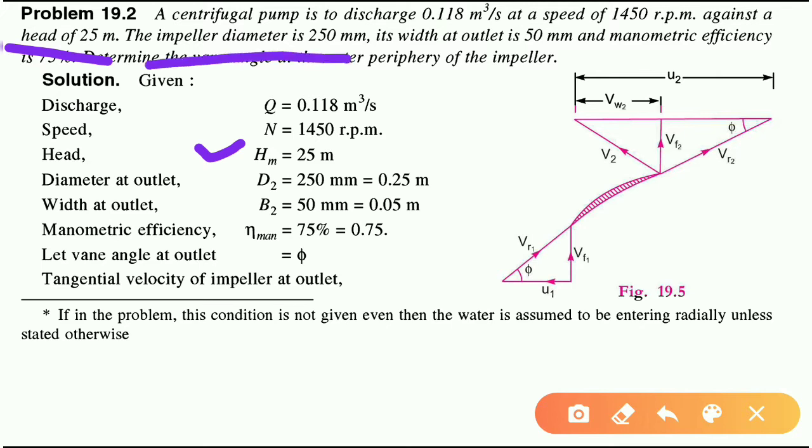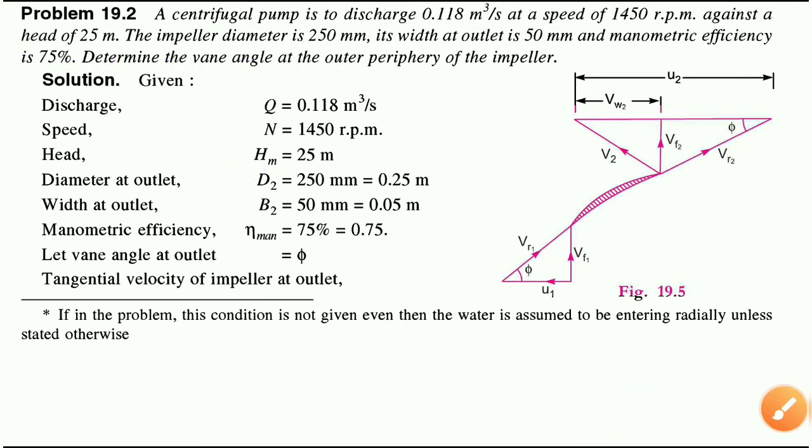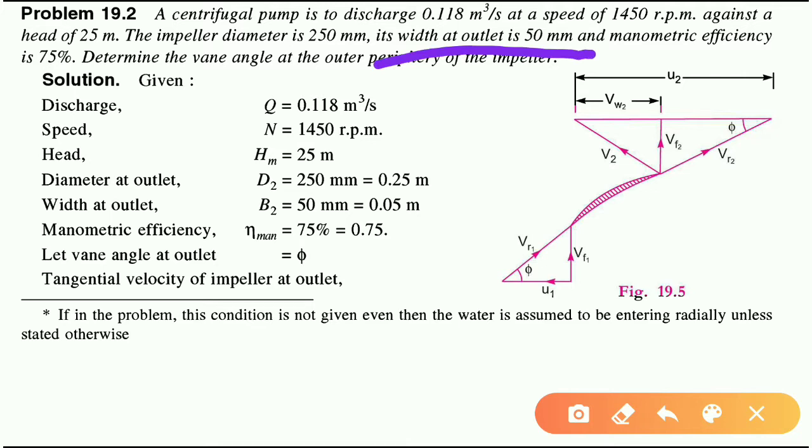The impeller diameter is 250 mm. So the diameter of the impeller means its external diameter, which is represented by D2. It is 250 mm, which is equal to 0.25 meter. Now the width of the outlet is 50 mm. So width of the outlet is represented by B2.